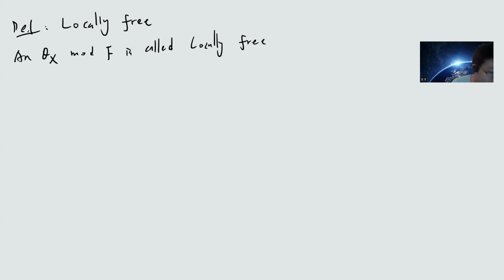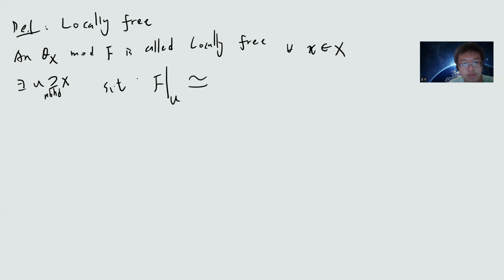Basically it means that for every x belonging to your space X, there is an open neighborhood U of x such that when you restrict F to the open set U, it is isomorphic to OX to some power, some index set I, as OX modules.